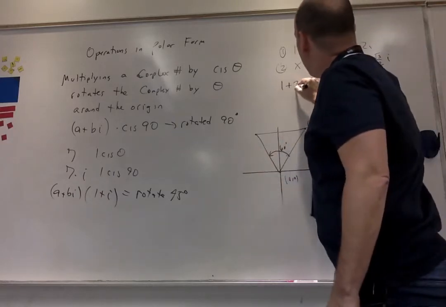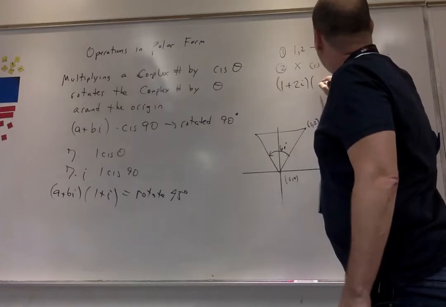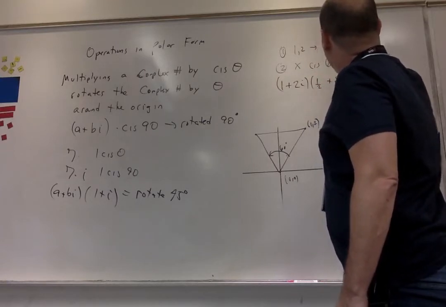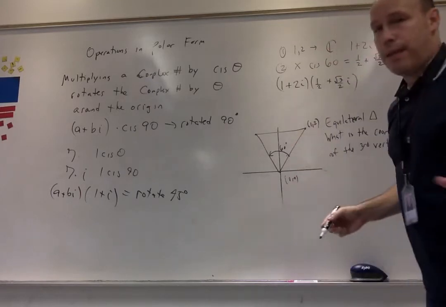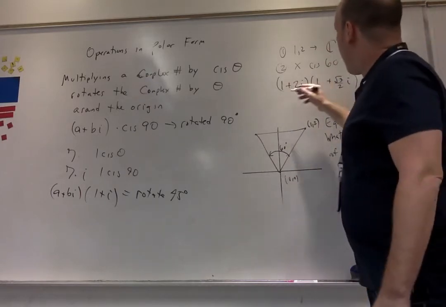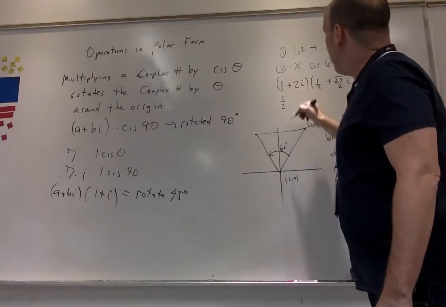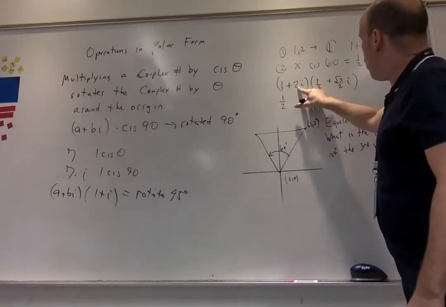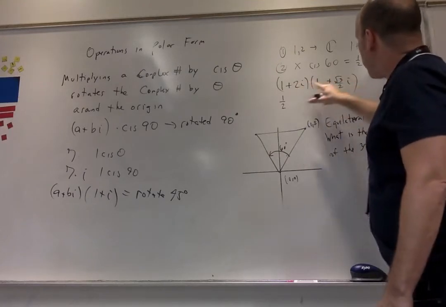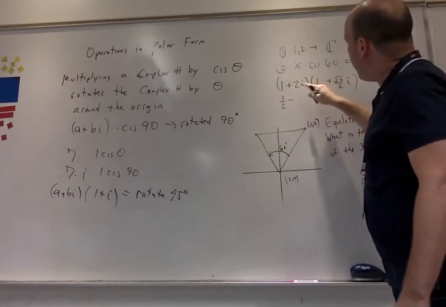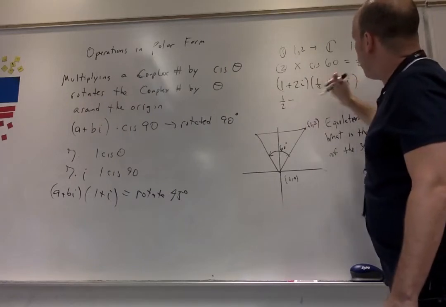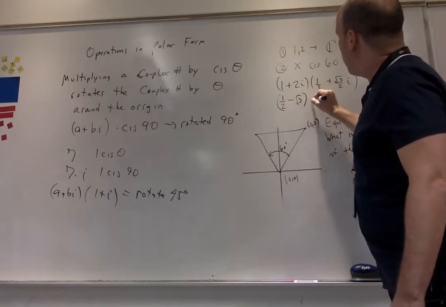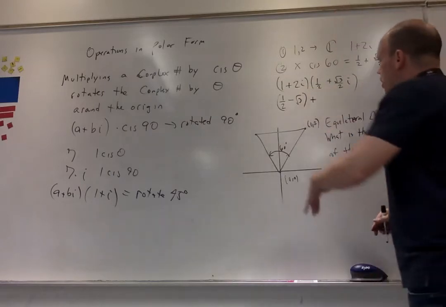So 1 plus 2i times 1/2 plus i radical 3 over 2. Multiply these together. 1 times 1/2 is 1/2. Let's do the reals together. 2i times i radical 3 over 2, well, i times i is negative, and 2 times radical 3 over 2 is radical 3. And now let's do the imaginary parts.